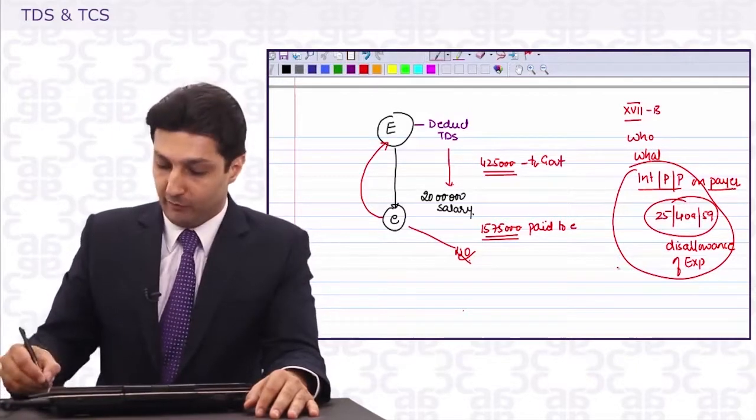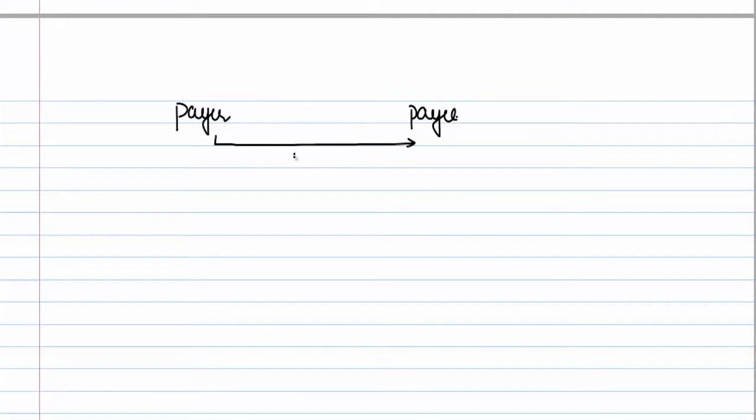So we have few people involved here. We have a person making the payment. We have a person receiving the payment. Now, is TDS deductible on income? Or is it deductible on payment? For example, a businessman gives money to the CA.